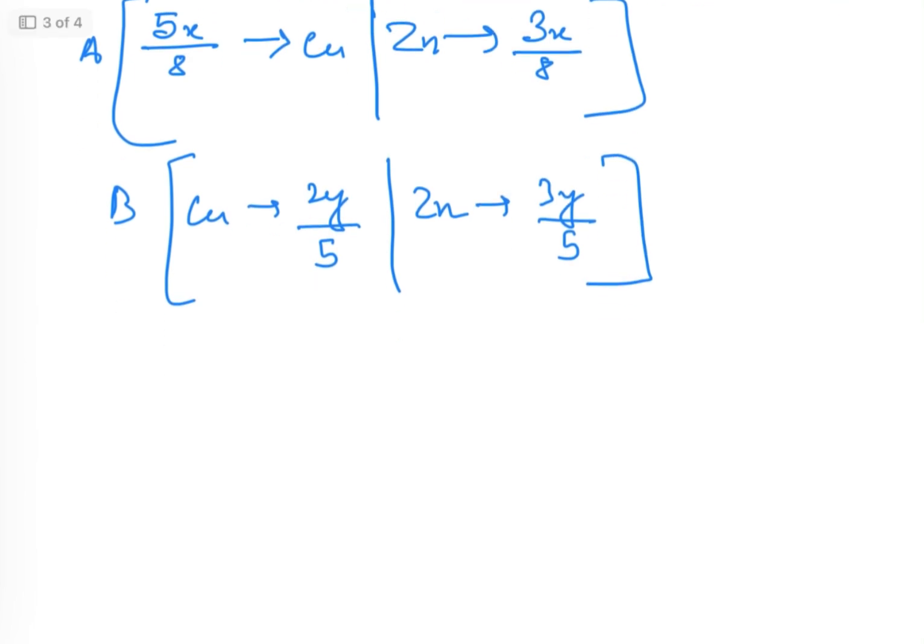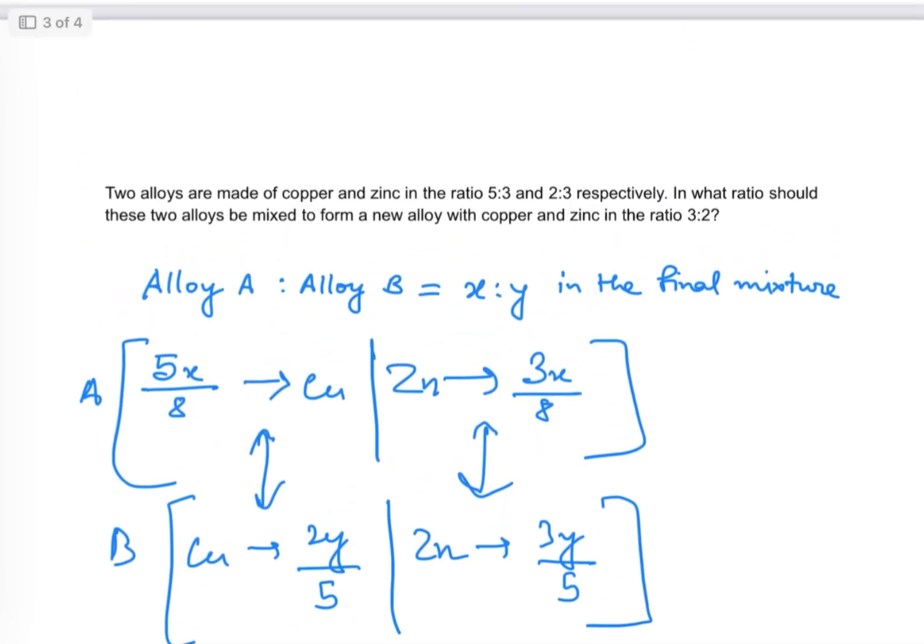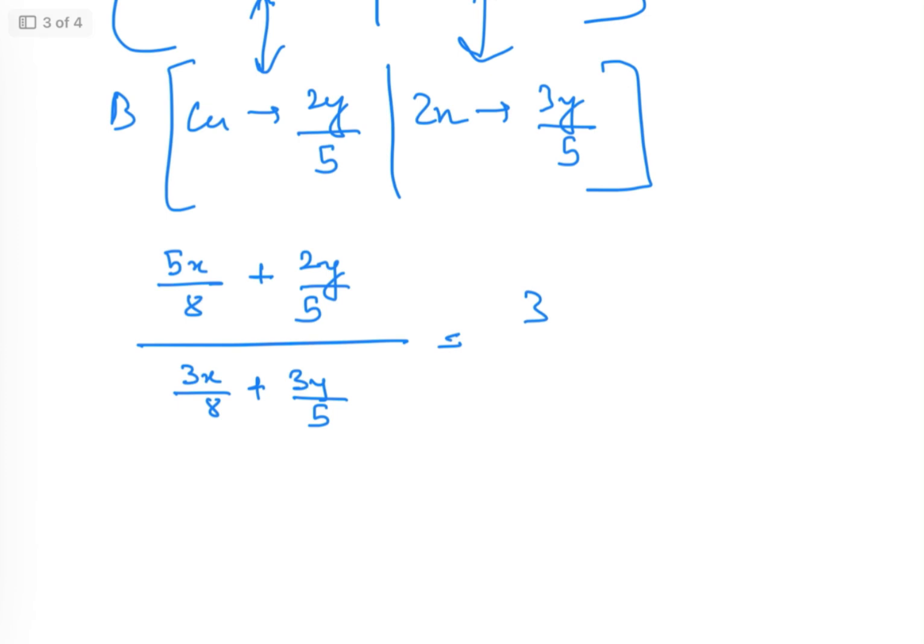Now we can say that 5x by 8 plus 2y by 5, this is the total copper, by total zinc, 3x by 8 plus 3y by 5, is equal to 3:2.